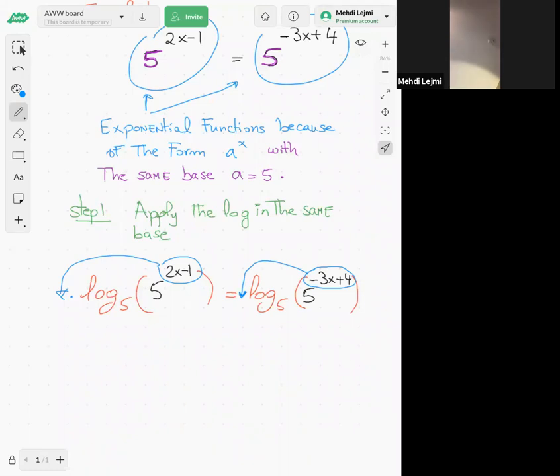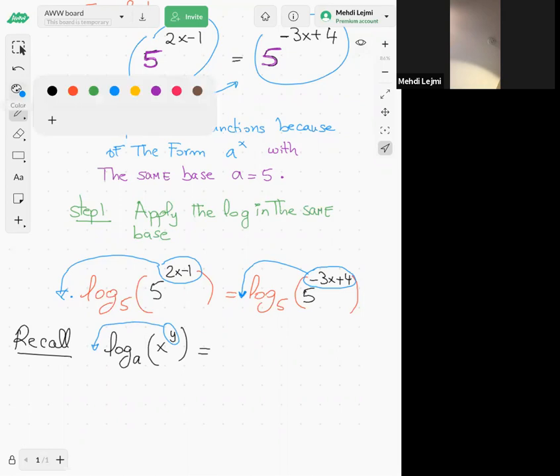This is because it's one of the main properties of the log. Remember, when you have log in some base a, it doesn't really matter which base, of x to the power y, then you can bring this power down to the front of the log.